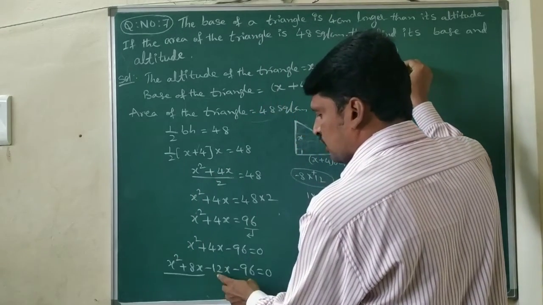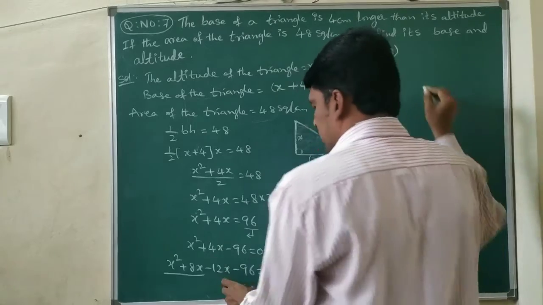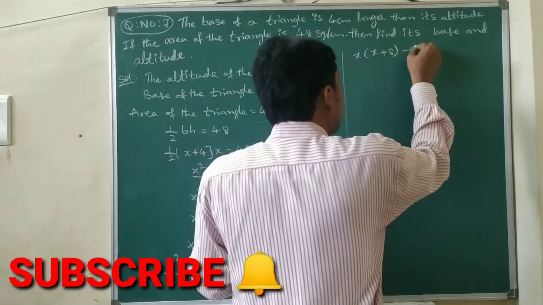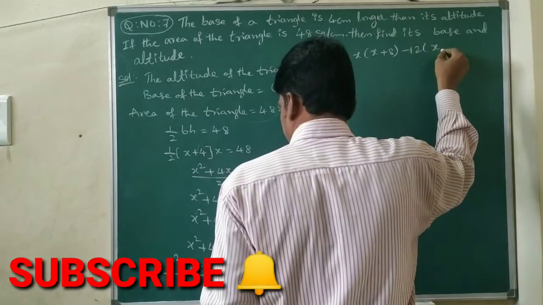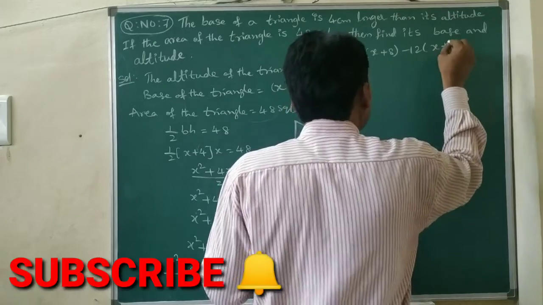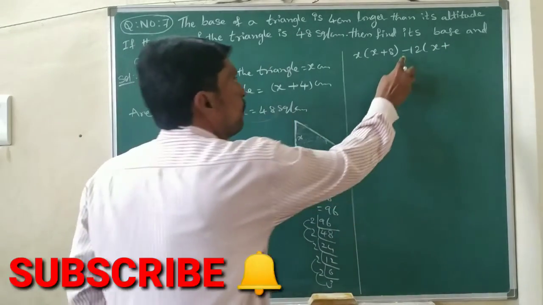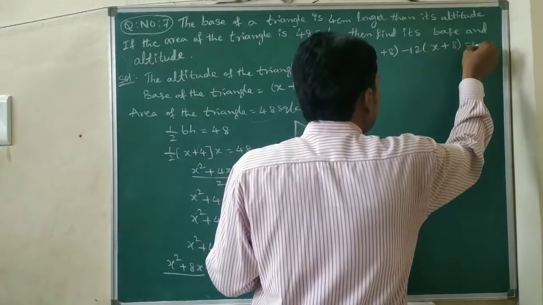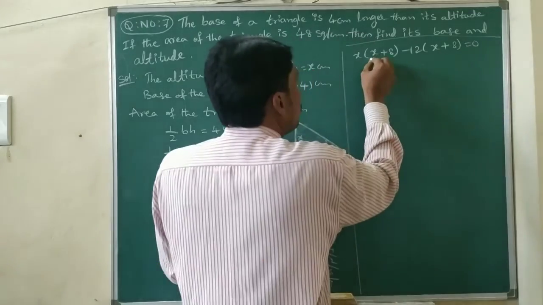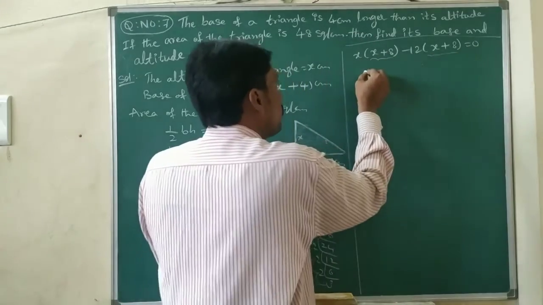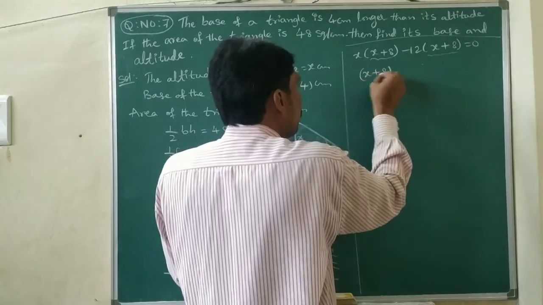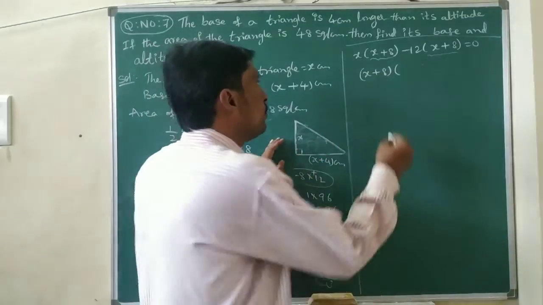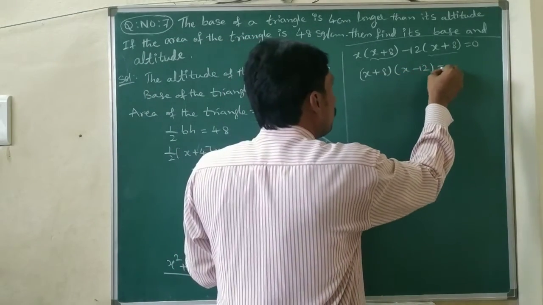In the next two terms, minus 12x minus 96, we take minus 12 as common. x remains; minus into minus gives plus 8, and 12 8s are 96. So minus 12 into plus 8 is minus 96, equals 0. Now x plus 8 is common. Taking x plus 8 common, x remains and minus 12 remains. Means x plus 8 into x minus 12 equals 0.